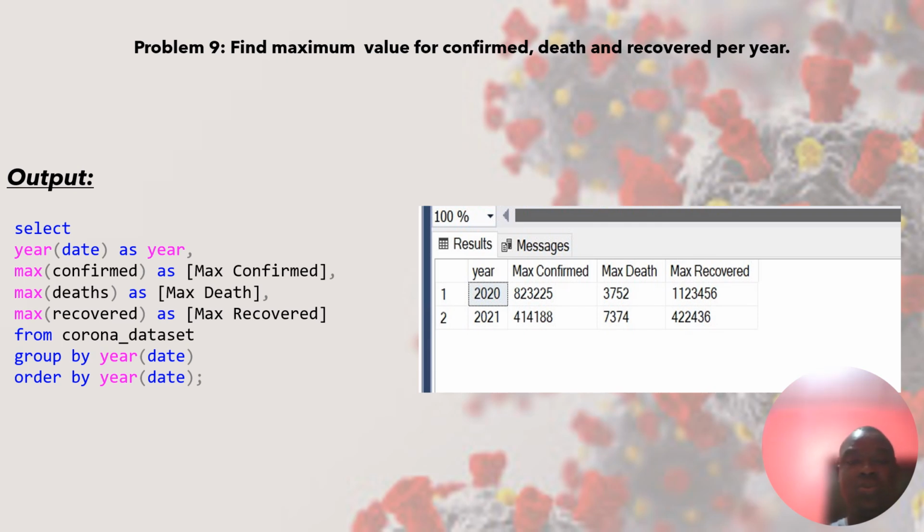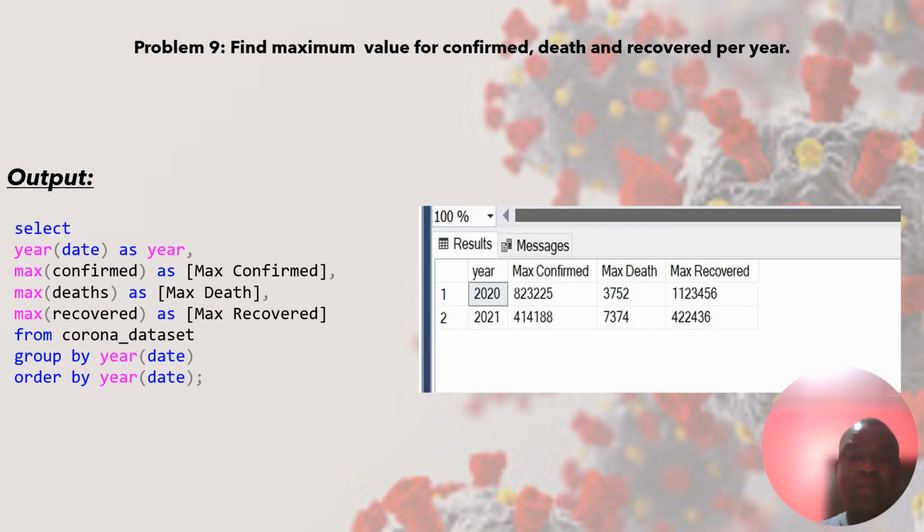For the maximum value for confirmed, death, and recovered cases, in the year 2020, the maximum value we have is 823,225 confirmed cases, and that's the highest in the data set.